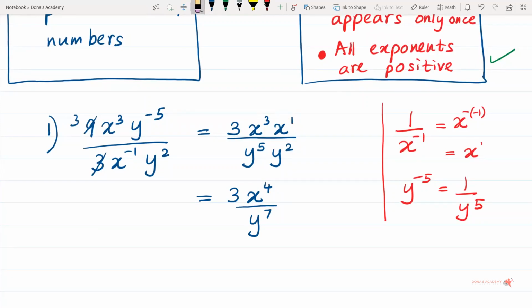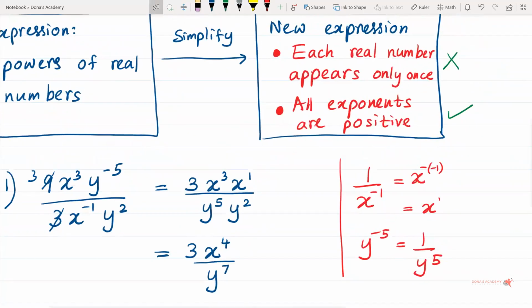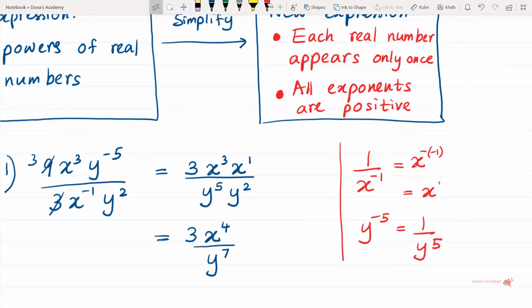All right, now let's check the conditions again. How about the first one? Each real number appears only once. Is it okay? Yeah. Now we see only one x and only one y. How about the second one? All exponents are positive. That's also true.